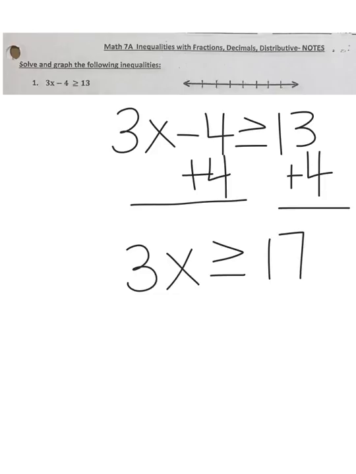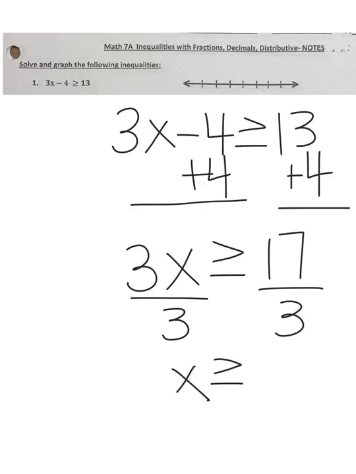And then we still need our variable by itself, so we need to divide by 3 on both sides. That leaves us with x is greater than or equal to 17 over 3, which is equivalent to x is greater than or equal to 5 2/3.